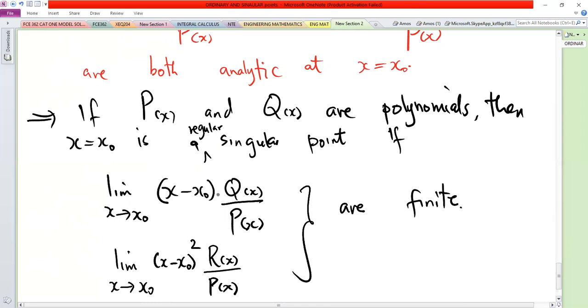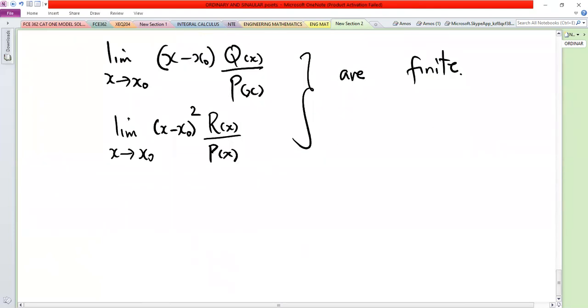Finite means that when you take the limits of these functions, you get a number. It's not infinity.